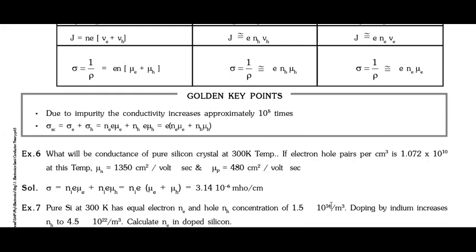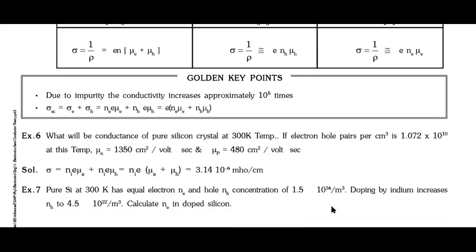Try solving question 7. See, these are very basic questions, but it is just the information, if you don't know the meaning of electron hole pair. Yes, chemistry, correct. Now question number 7, everyone, try solving question number 7.